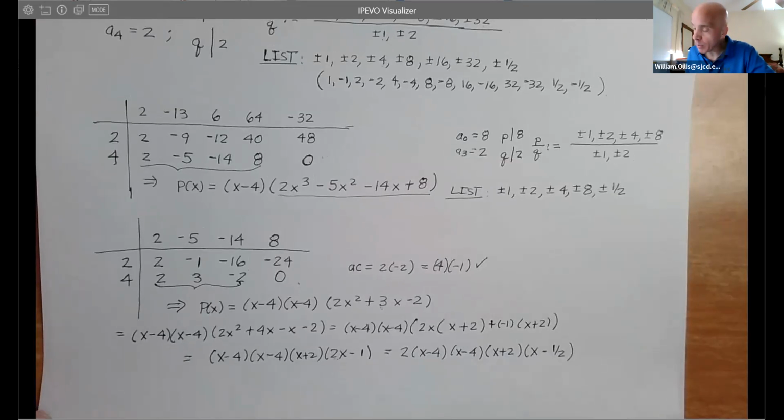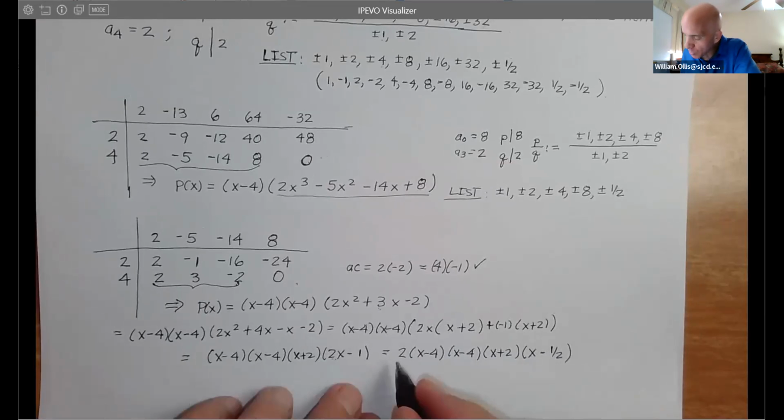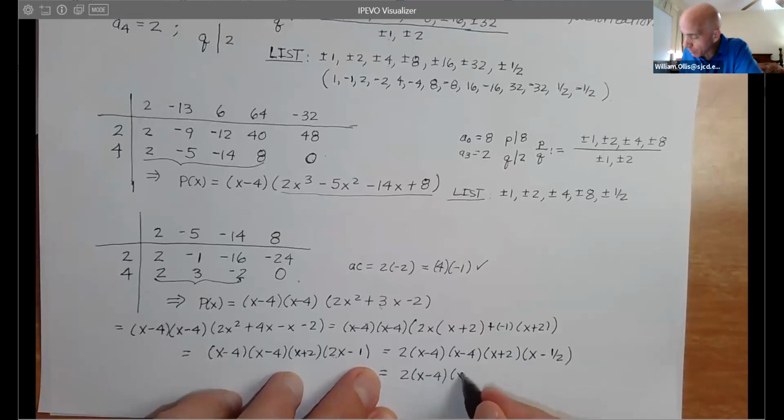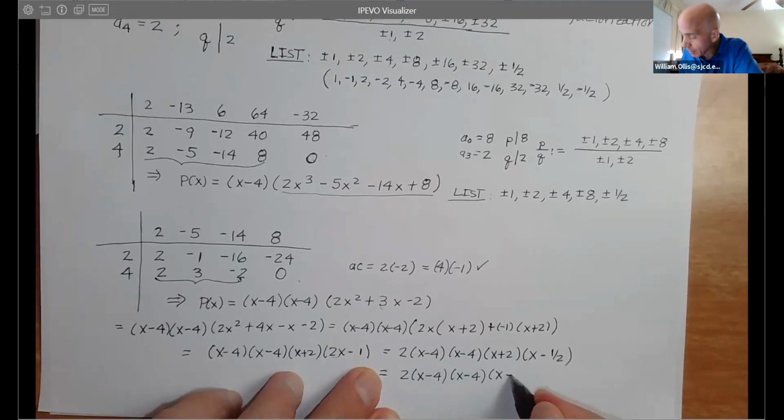Now, this is kind of overkill, you don't always have to do the minus minus, but let me just make a point here, even though WebAssign would think this is more than good. Let me just go ahead and write this with all the minus signs, so we have a nice example of complete factorization. So I'm going to do minus a negative.